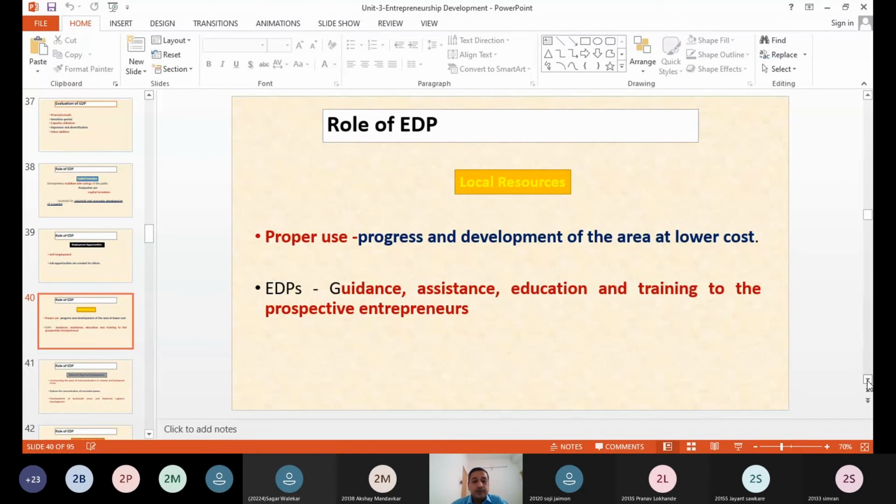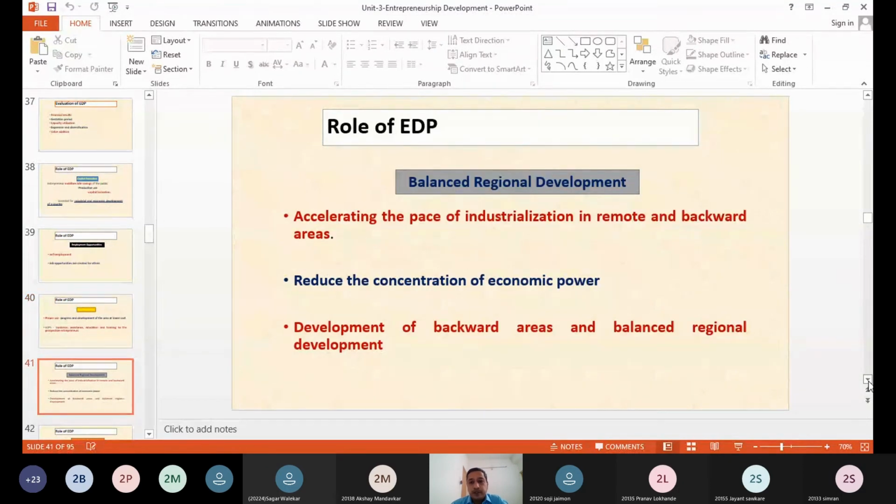And thus this EDPs helps the entrepreneurs to use these local resources by providing guidance, assistance, education, and training to all these entrepreneurs. Then balanced regional development. This enterprise development programs helps entrepreneurs to establish industries in remote and backward areas, thereby accelerating the pace of industrialization in all those backward areas.